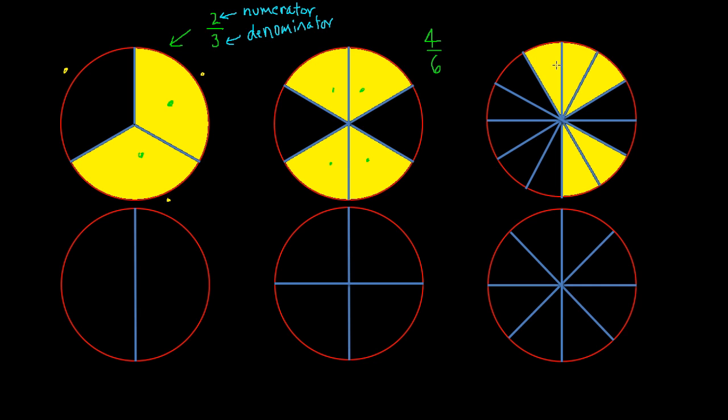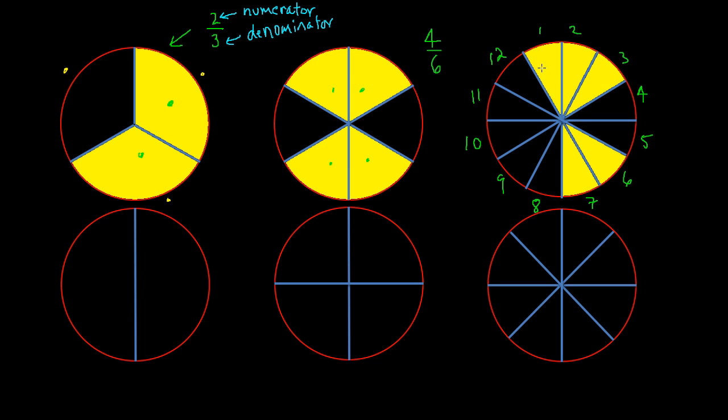This third example, I have, let's see, 1, 2, 3, 4, 5, 6, 7, 8, 9, 10, 11, 12 slices in this pizza. If you notice, it's still the same size pizza. If I slice it 12 ways, each slice is smaller than it was in the previous example.